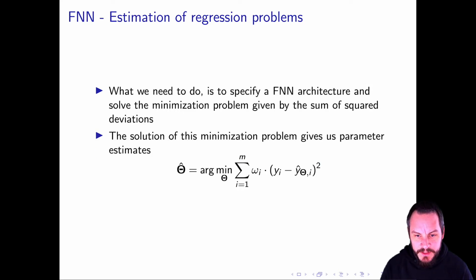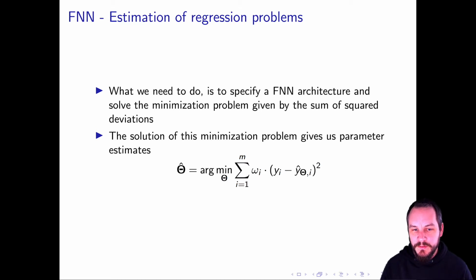Then we have this minimization problem in order to choose the best possible parameter estimates given these data observations by minimizing the mean squared error or the weighted squared error. And this minimization problem is solved by gradient descent methods typically.